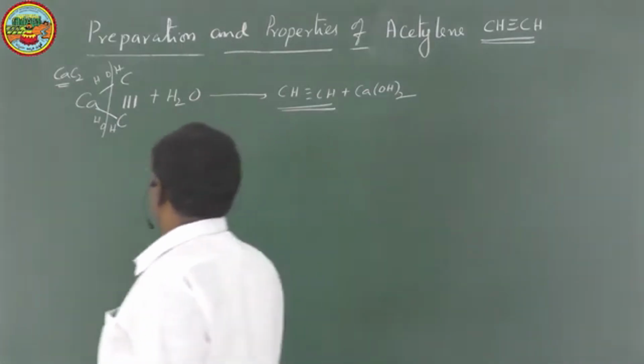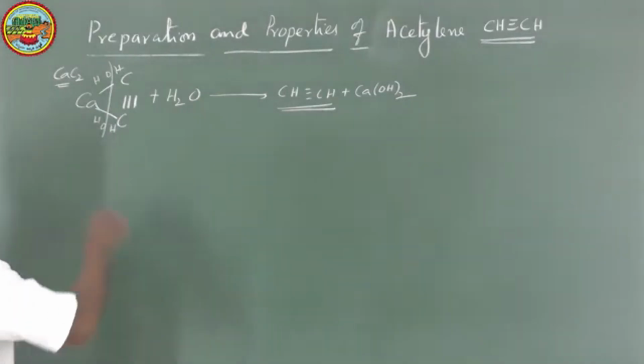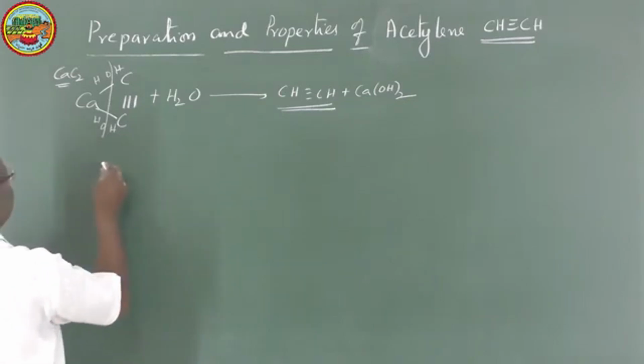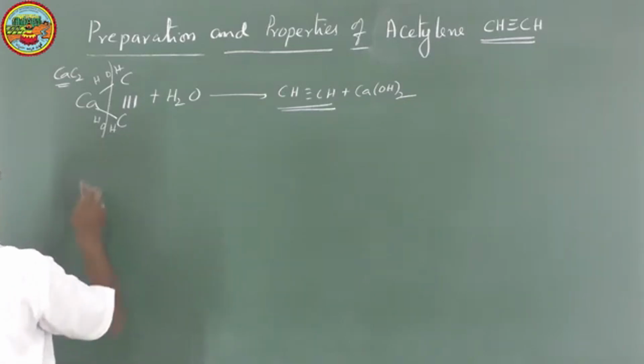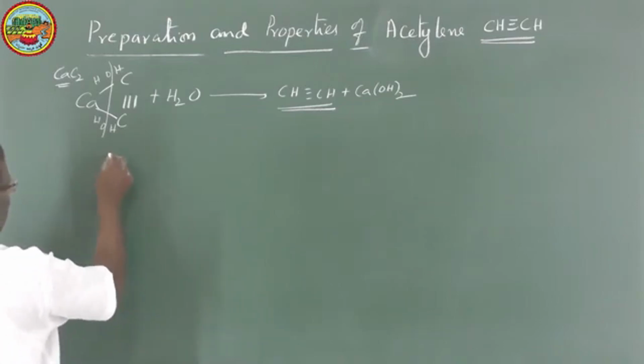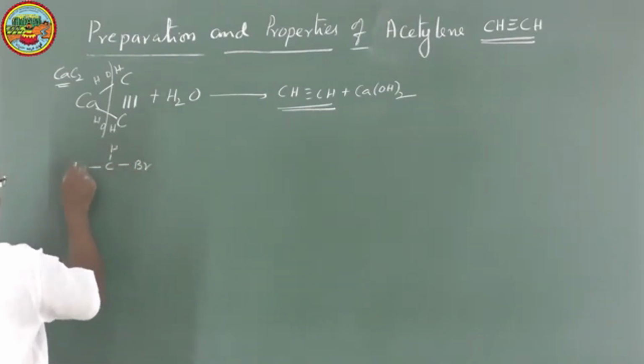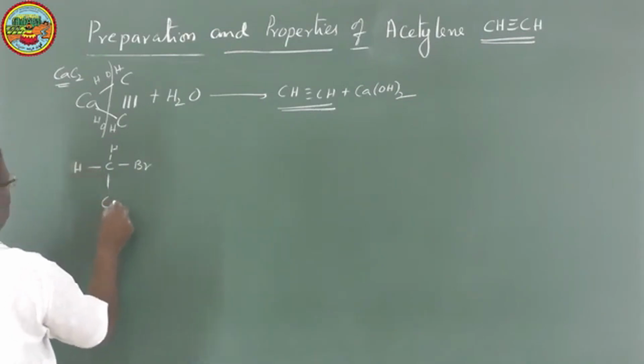Now another method is dehydrohalogenation of 1,2-dibromoethane. For example, this is CH2Br, CH2Br.